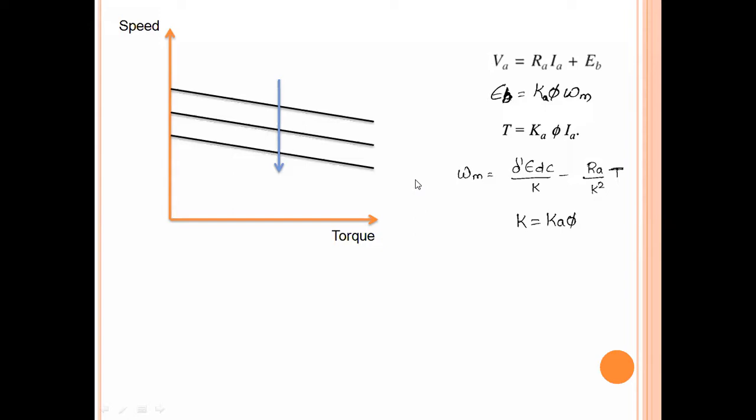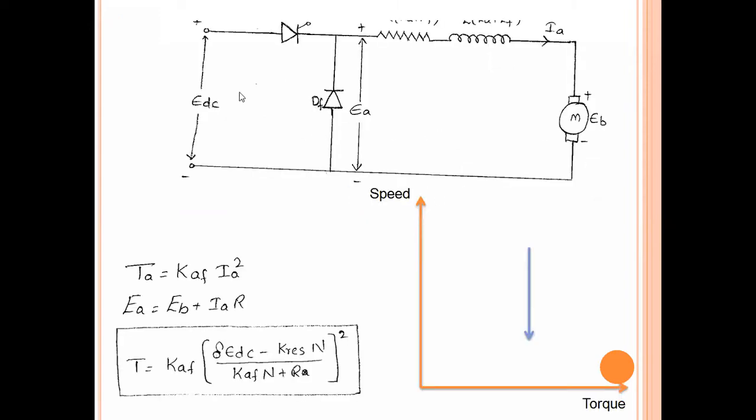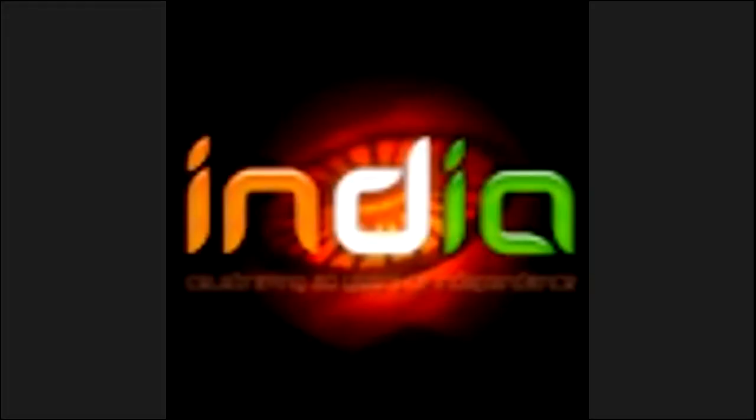For the same circuit, if we apply a series DC motor, the speed torque expression will change. See, this is the circuit diagram.